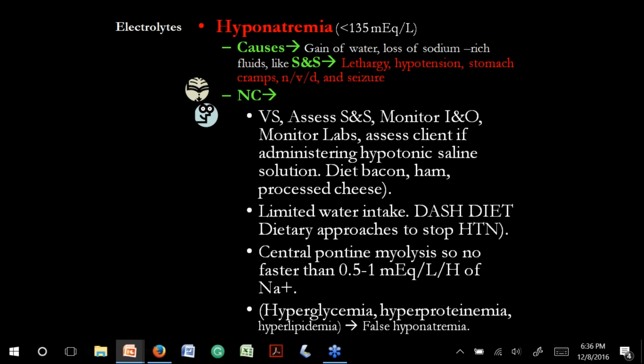We are going to keep going here. So signs of hyponatremia. Please open eyes, open ears here. We have lethargy, hypotension, stomach cramps, nausea, vomiting, diarrhea, and seizures. So just remember sodium, Na, nervous system. They can lead into disorientation, they can go into seizures, and they can go into coma.